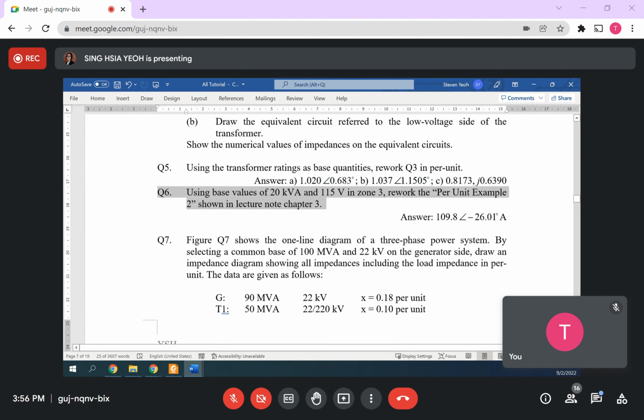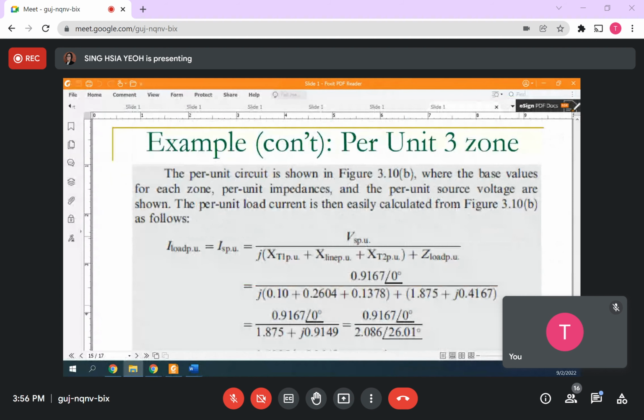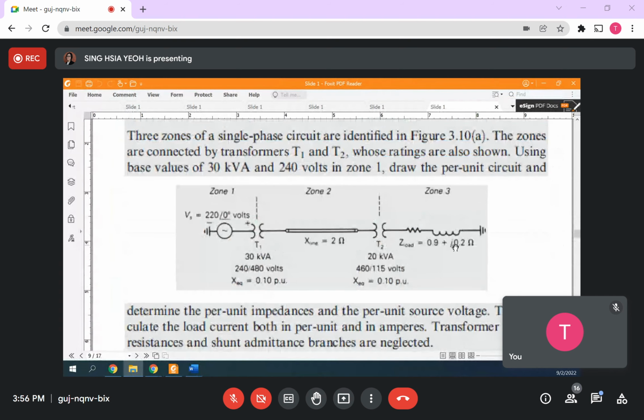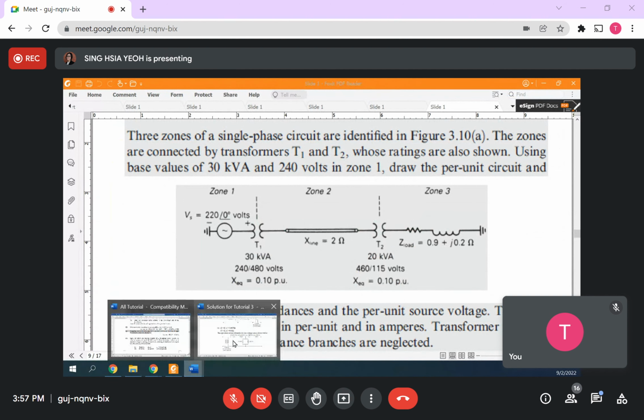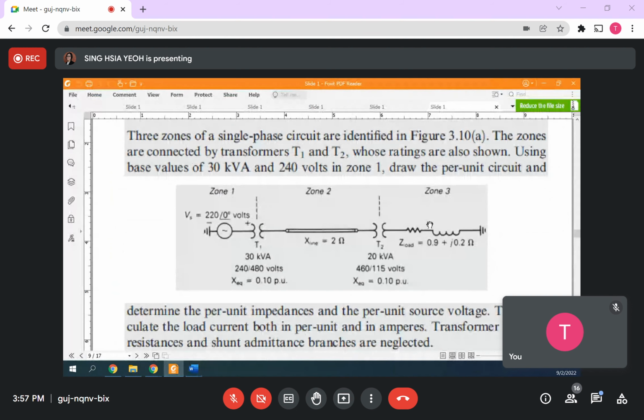The per unit example 2 means this 3B. Instead of just now 30 kVA and 240 volts in zone 1, now the question states 20 kVA and 115 volts in zone 3. So you need to start from zone 3. So what will be the answer?